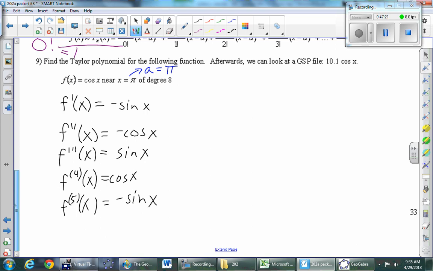Once you've got your 8 derivatives, you're going to make a new column where you find f of 0, f prime of, oh, I'm sorry, not f of 0, but what's the a value in this problem? It's pi. So we are doing f of pi, f prime of pi, f double prime of pi, all the way down. You need 8 numbers here.